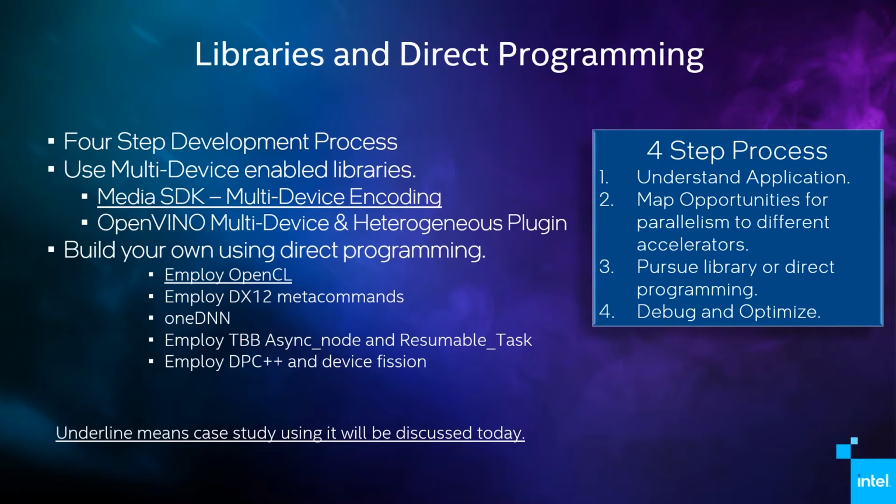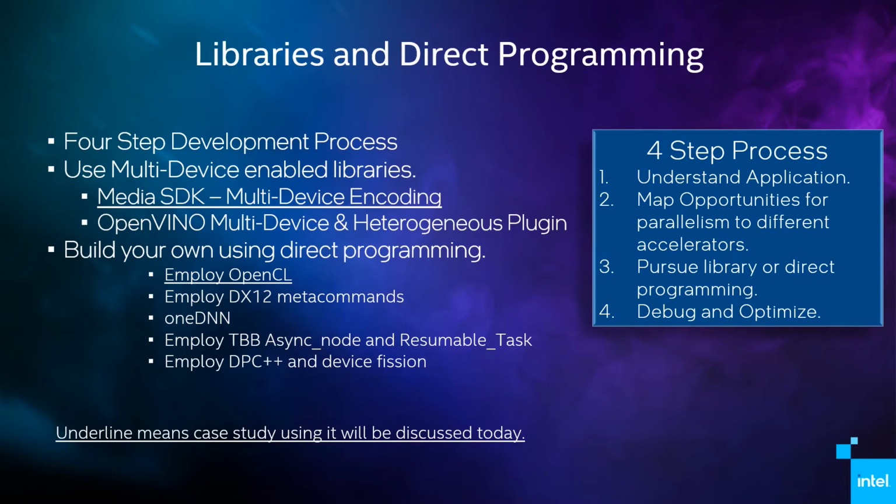And that contrasts against direct programming, where you would take advantage of an API or a library to have more direct involvement in separating the work, in handing out the work to the different accelerators and managing it. And the different techniques or different APIs for doing that are listed here, from OpenCL, DX12 meta commands to issue to the 2 GPUs, oneDNN, employing TBB, async node and resumable task, or employing data parallel C++ and device fission.